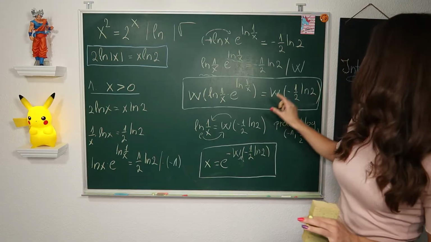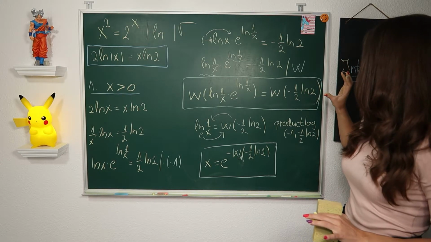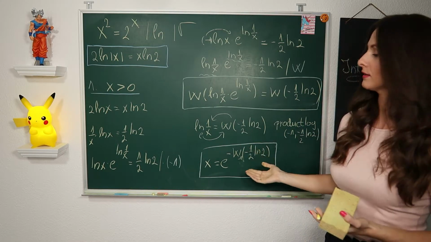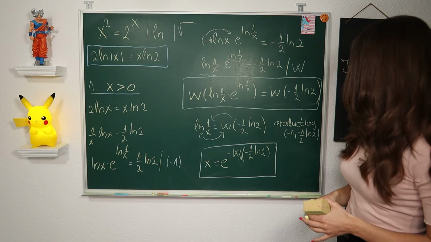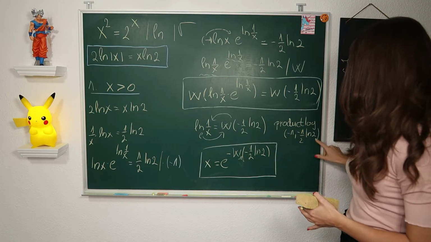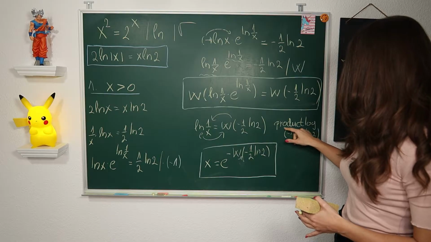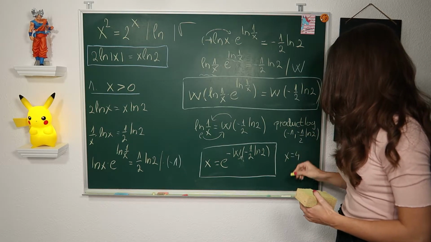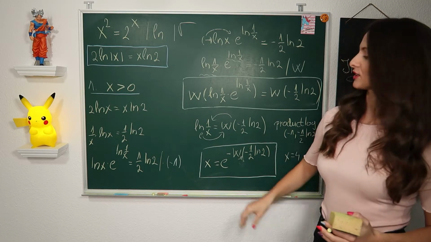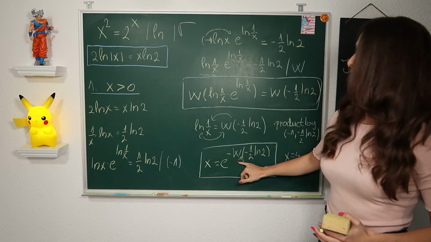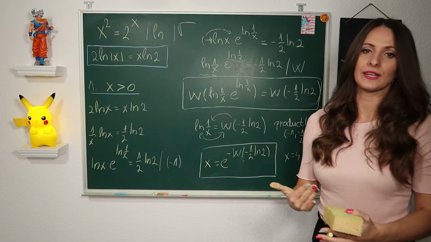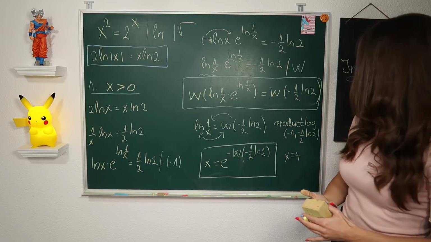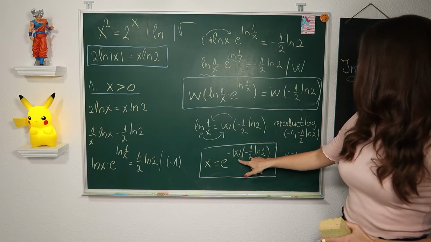And once again, according to this here, we know that we should get two solutions, and here it is. So we have two solutions. If you enter this product log of this here, you will get that x is equal to 4. But how can we get this expression for W sub negative 1? How exactly can we get this expression for x if we consider W sub negative 1?